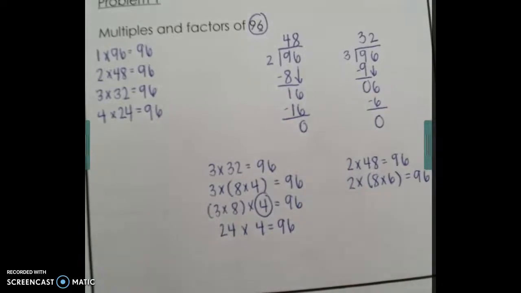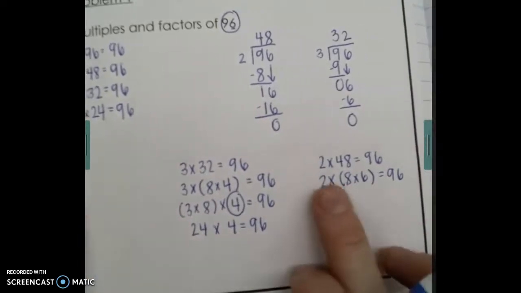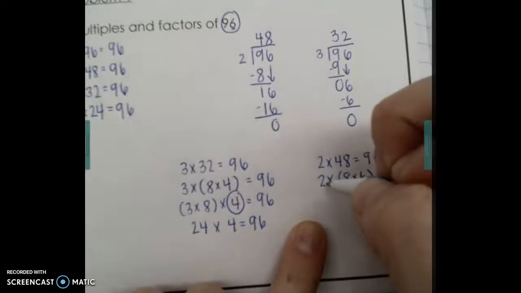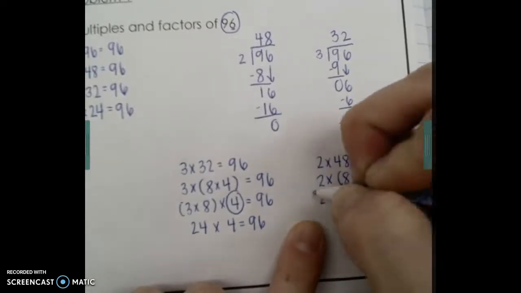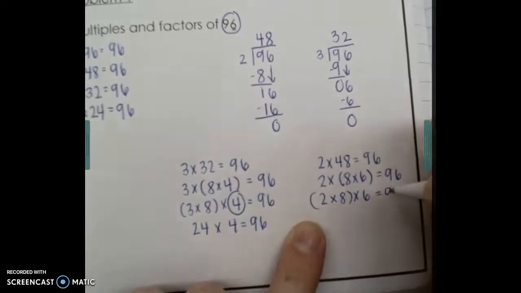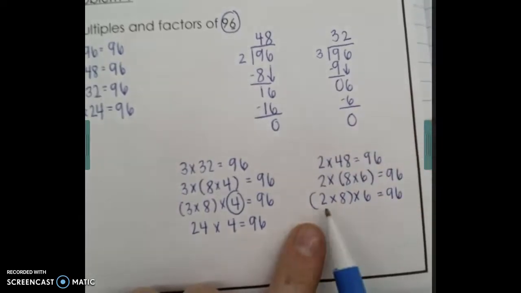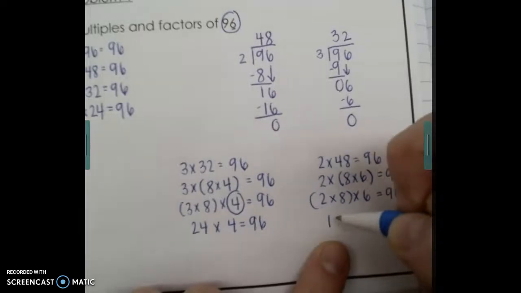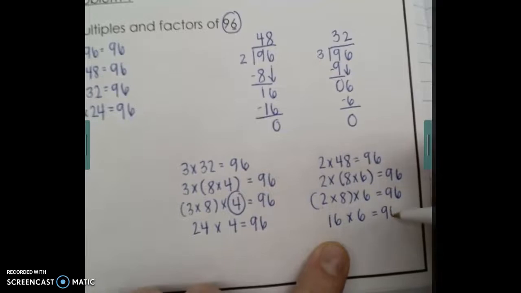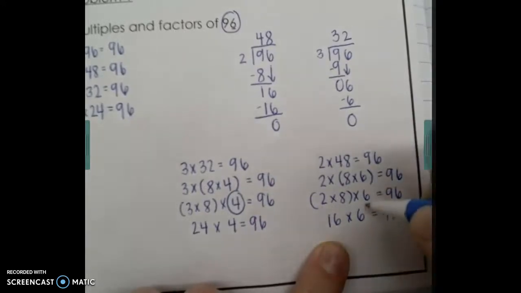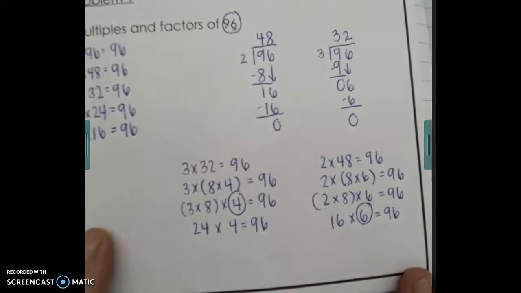Now remember, we can rearrange our numbers according to the property with multiplication. So instead of 2 times 8 times 6, I want to get 6 by itself. 2 times 8 gets me 16 times 6 equals 96. So here I can see 6 is a factor, and it's going to be times 16 equals 96. Good.